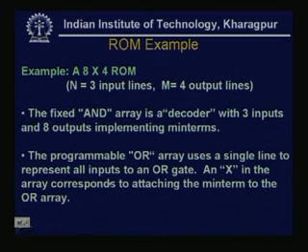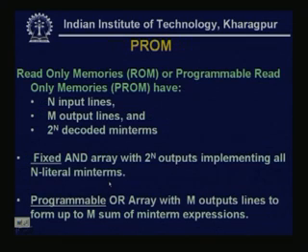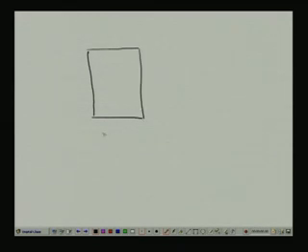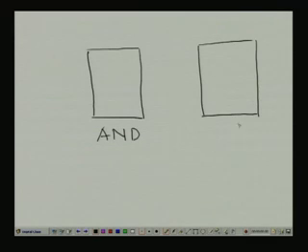At block diagram level, it can look like this. I have two arrays: this is my AND array, this is my OR array.